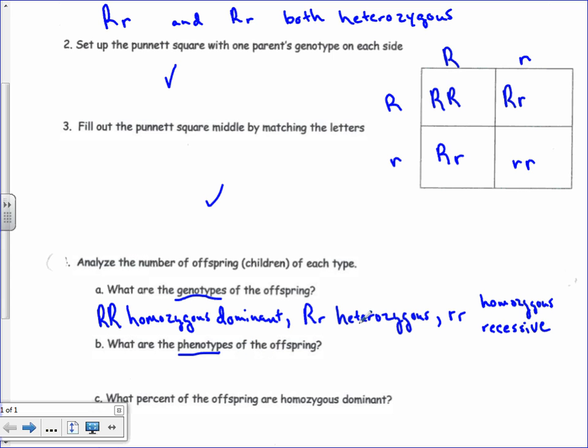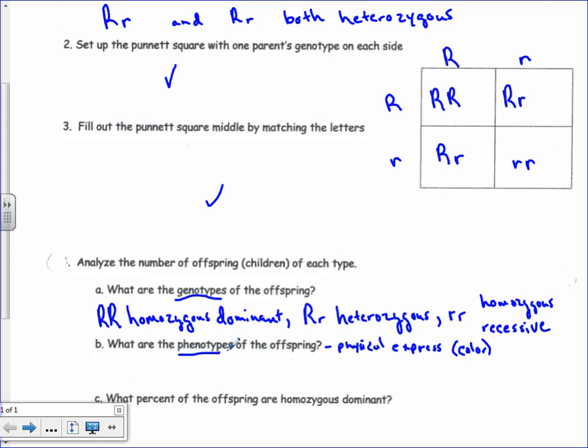So let's write that here. Physical expression. How does that gene express itself? And in this case, it expresses itself in color. The dominant is the red color and the recessive is the white color.